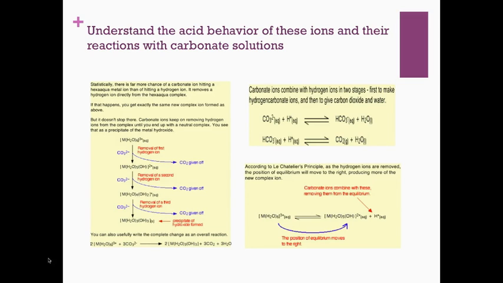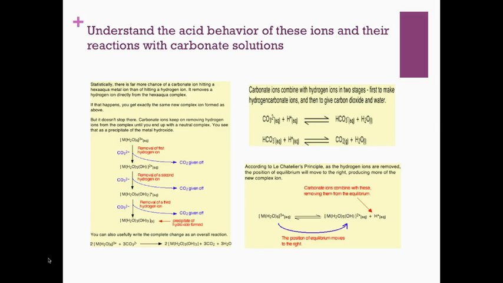But statistically, again, there is a far greater chance of a carbonate ion hitting a hexa-aqua metal ion than it is hitting a hydrogen ion. And so you see the carbonate ions keep on removing hydrogen ions from the complex until you end up with a neutral complex.